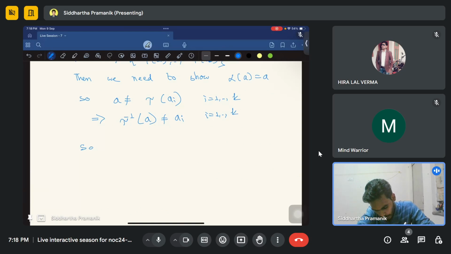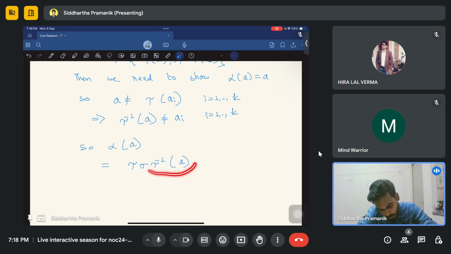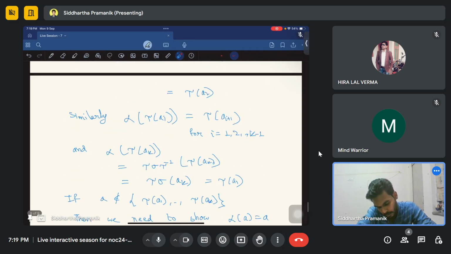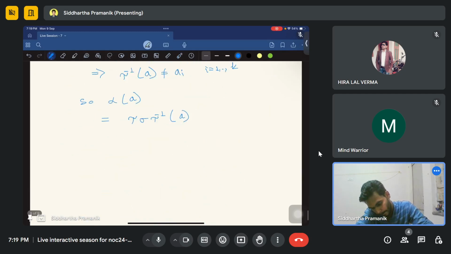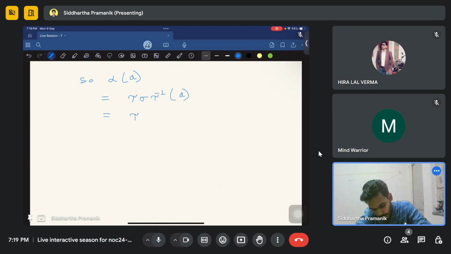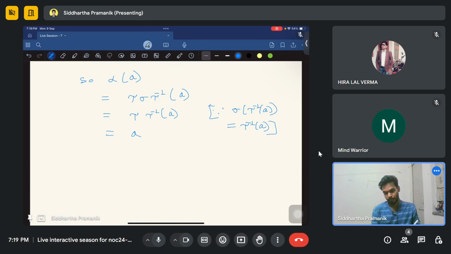So what is alpha of a? It is the same as tau sigma tau inverse of a, but tau inverse of a is not ai, so sigma must fix all other indices. Since sigma fixes this index, this gives tau of tau inverse a, which equals a.